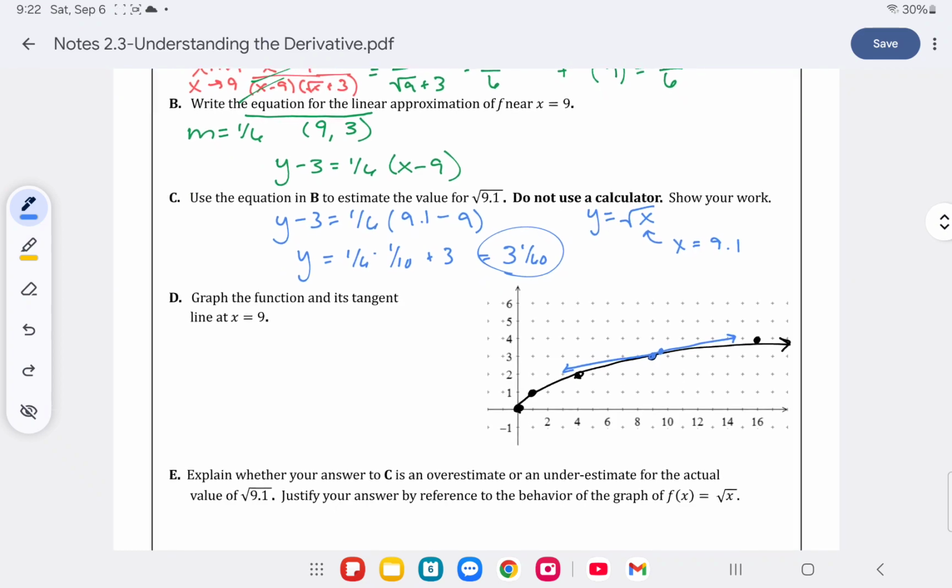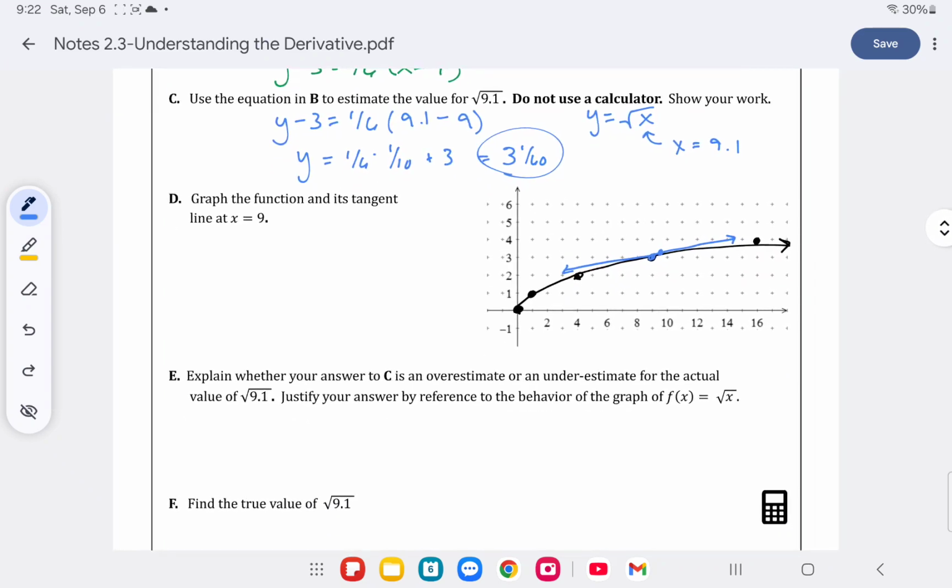So looking at this picture now in part D, we want to know, is that estimate an overestimate or an underestimate for what the square root of 9.1 would actually be? So if we look at this graph, we found the equation of this tangent line. We plugged in 9.1 to the equation of that tangent line, and that's how we got 3 and 1/60th.